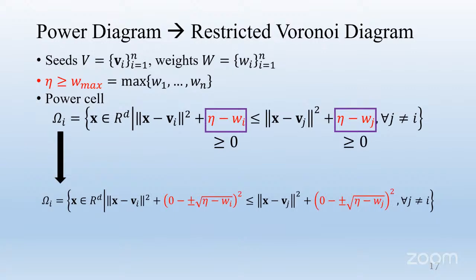Now let's do some further transformation. Because eta is larger than the maximum weight, eta minus wi or wj must be greater than 0, and we can treat the equation like the following red part.